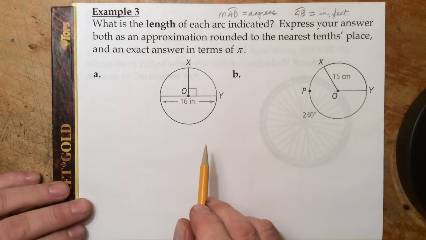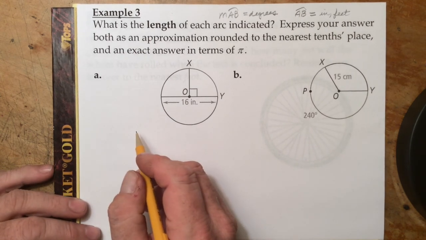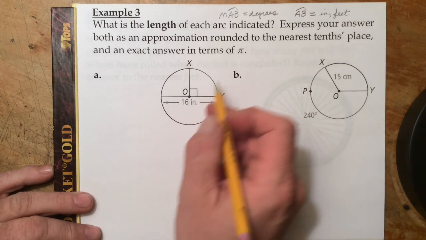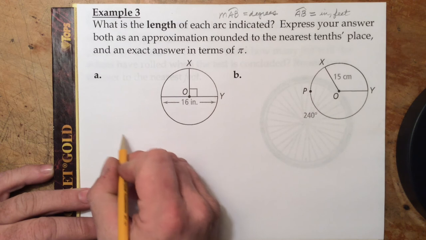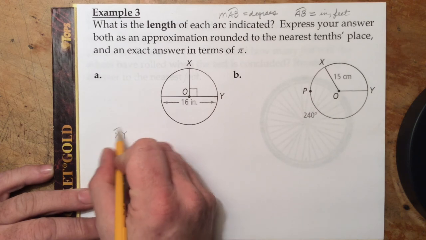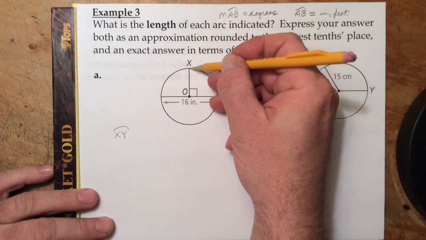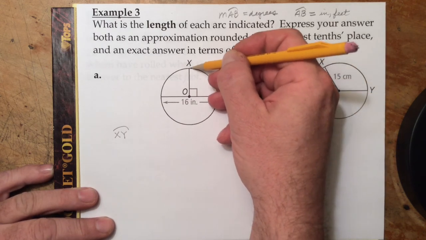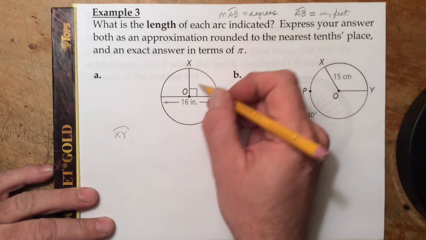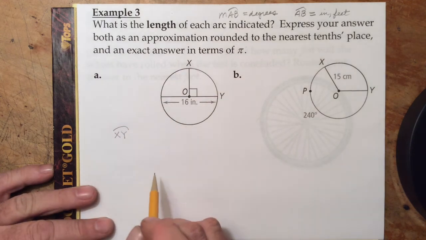So starting with part A, using the formula to find the length of an arc, we're looking for the arc XY, not the measure, but the arc length. So if you were to take a ruler and just trace along this arc here and measure, that's what we're looking for instead of the degree of its curvature.